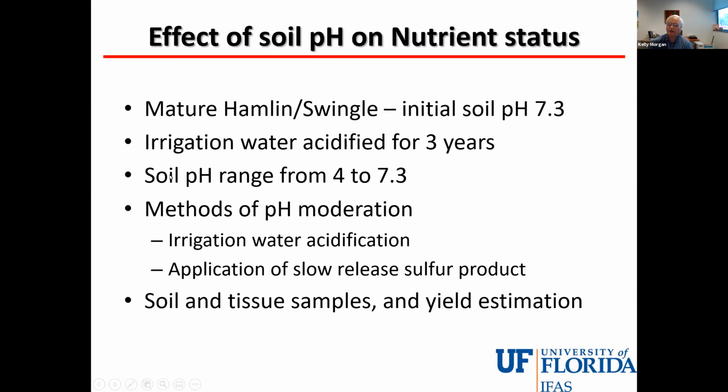And the target pH for this was to reduce the pH down to something between 4 and 7. We looked at the amount of the acidification of the water. We looked at bicarbonates, and we looked at soil and tissue samples to illustrate availability of these nutrients, and then finally their effect on yield.